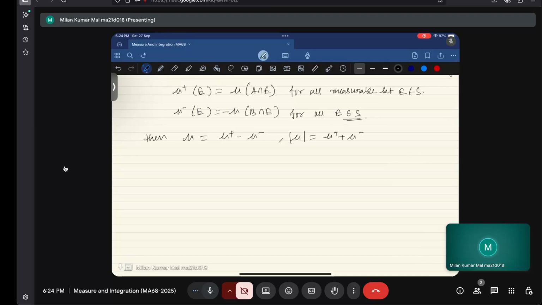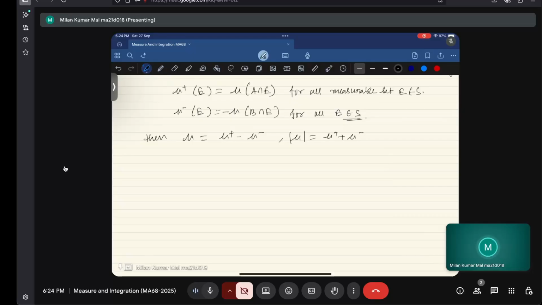This is like the decomposition of a function f into its positive part and negative part. We know that mod of f is equal to f plus plus f minus, and f is equal to f plus minus f minus. We know all these facts, I'll just recall them.